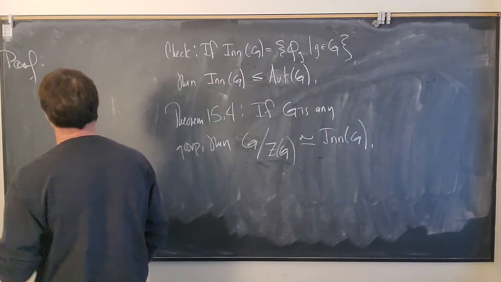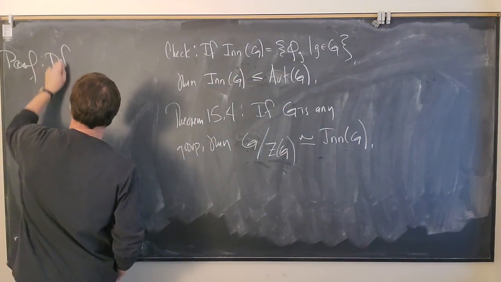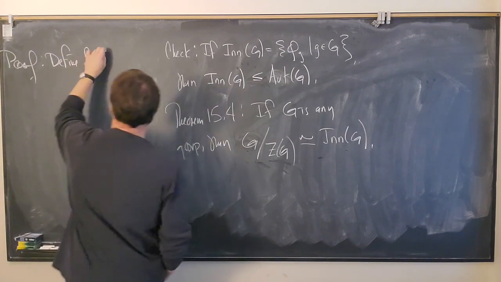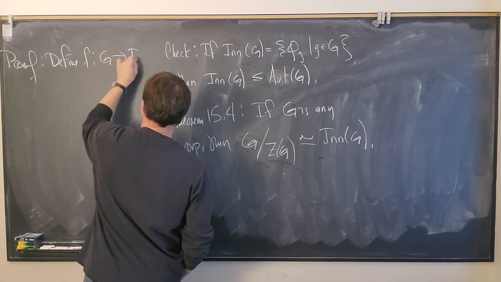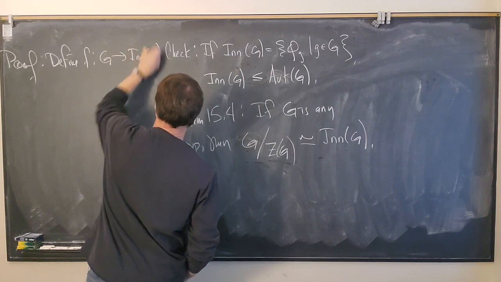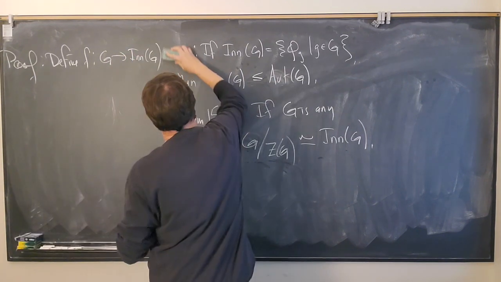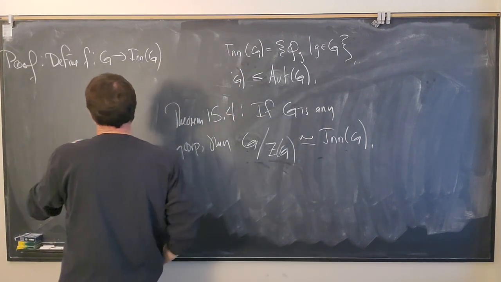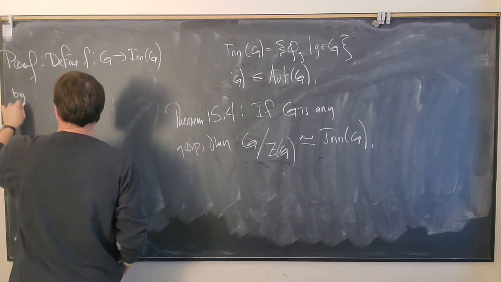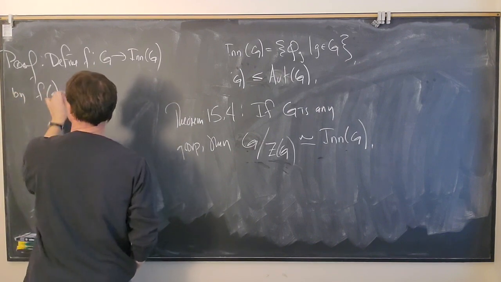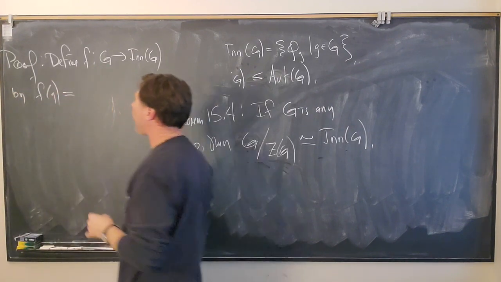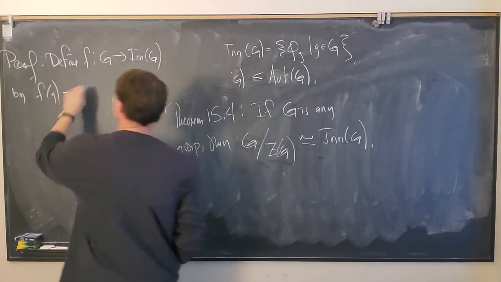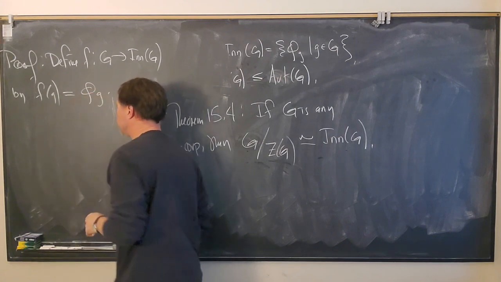So let's define f from G to Inn of G in the sort of obvious way. Define f of little g. Which inner automorphism would you want to associate little g with? The obvious choice would be phi sub g.